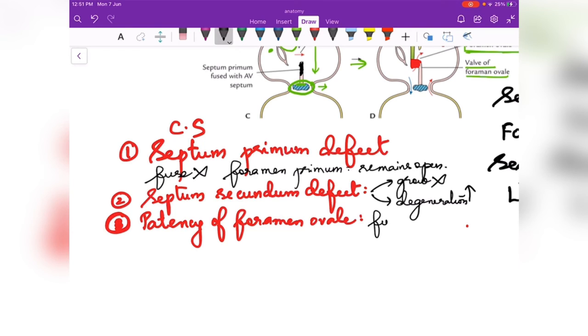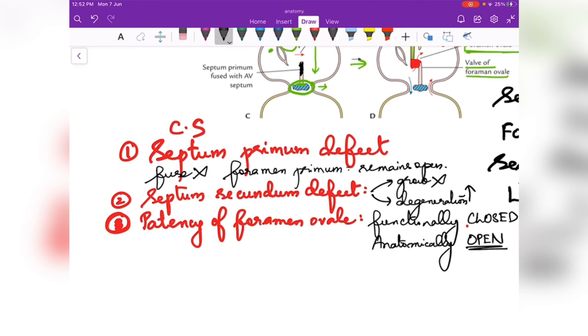That is the patency of the foramen ovale, often known as probe patency, because we can send a probe through it for evaluation of the heart.